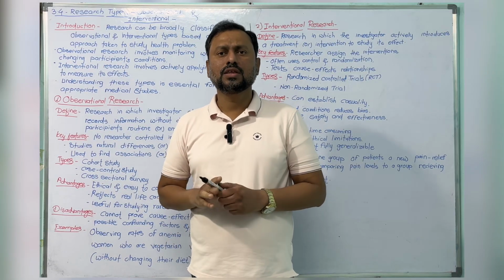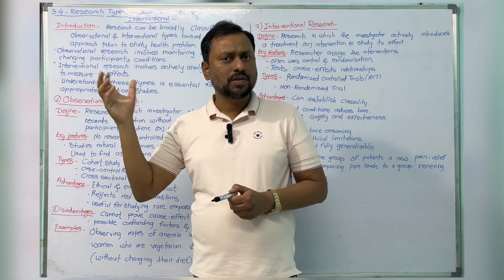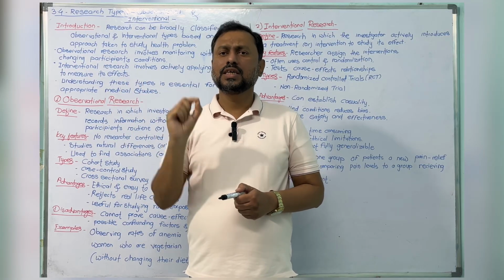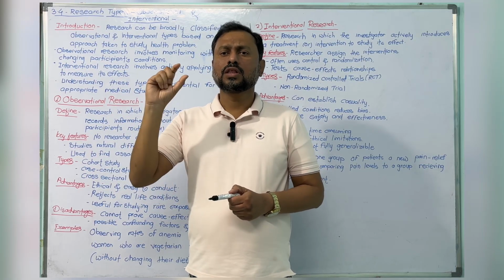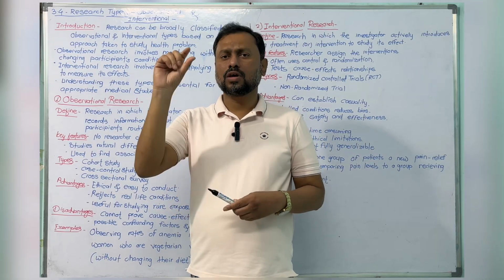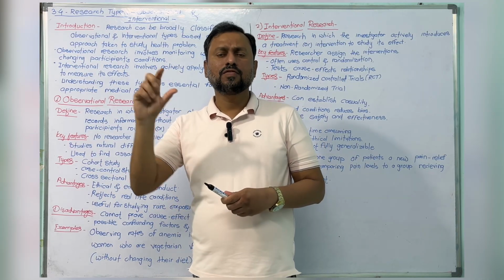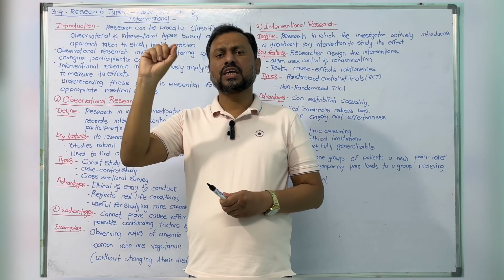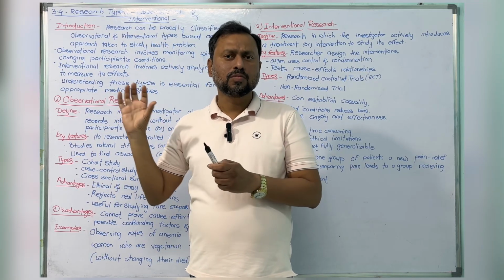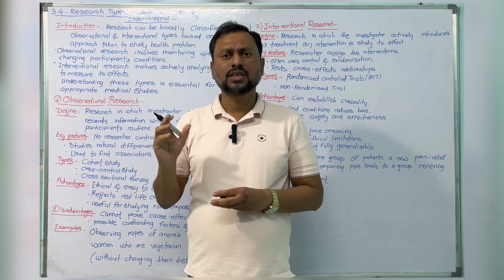What it means is that observational means simply we have to observe, and interventional means changing something, such as the dose. Suppose for a new painkiller you discovered, you decided the mg, and if the result is not sufficient you can increase the mg, or change something involved in the research.